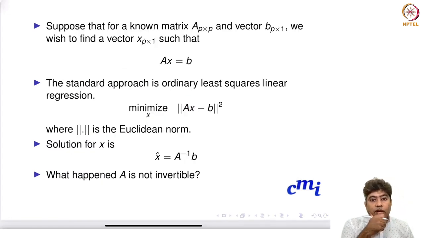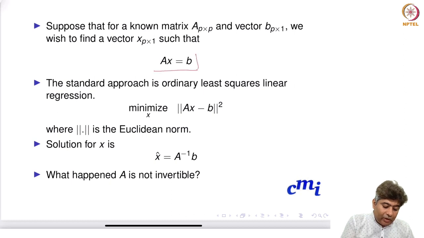Now suppose that for a known matrix A, p cross p, and a vector B of length p, we wish to find a vector x such that this system of equations holds.